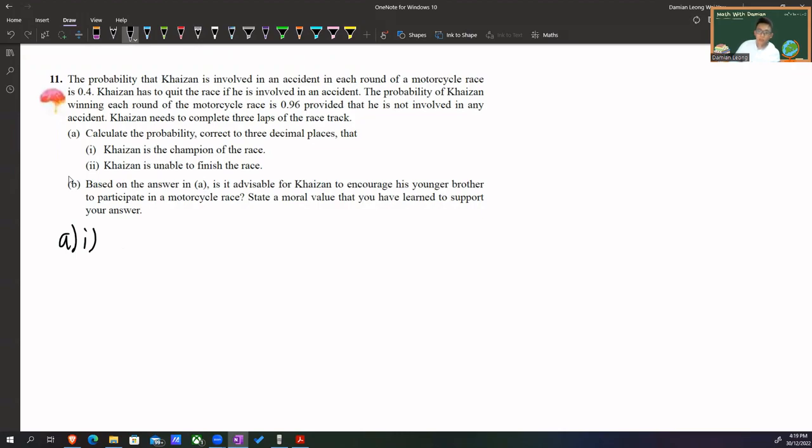So 0.96. So 1 minus 0.4 would be the probability that he is not involved in an accident, because involving would be 0.4. So 0.6 times 0.96. But this needs to happen 3 times. So first lap like this, and again, and 3 times. 0.6 times 0.96, and the same thing goes for the third lap, 0.6 times 0.96.